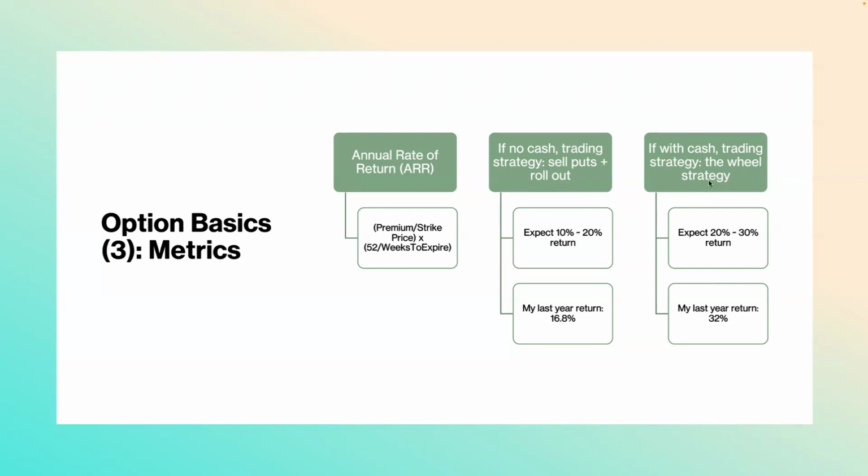And as for the wheel strategy, if you don't know it, there are many YouTube videos covering it. I also have one video to discuss whether the wheel strategy works better than the stock market or not. You should watch it if you haven't. So depending on different strategies, you expect a different return. The rollout strategy is lower than the wheel strategy.